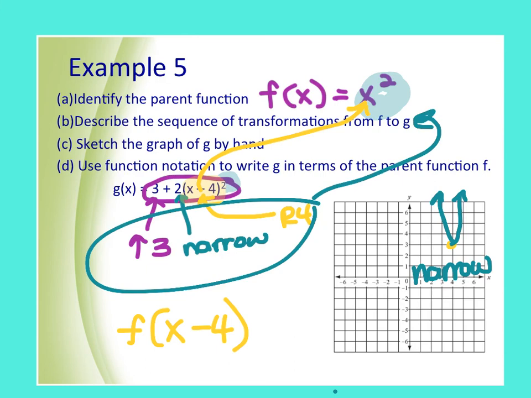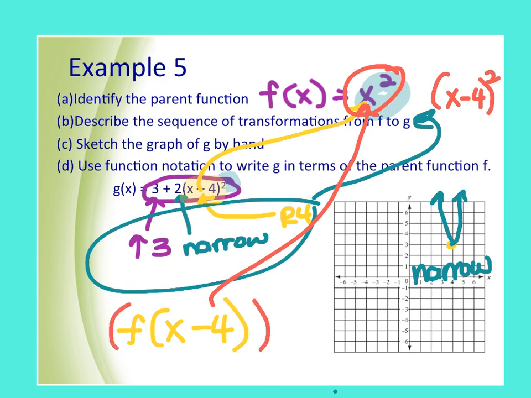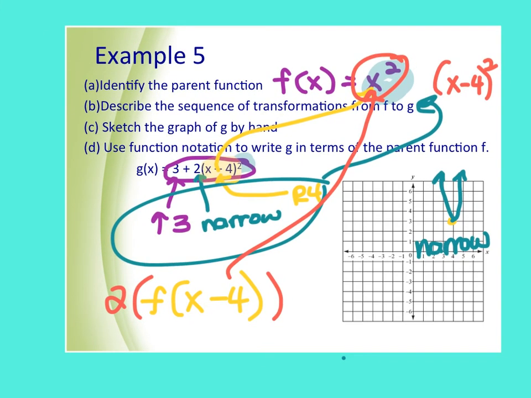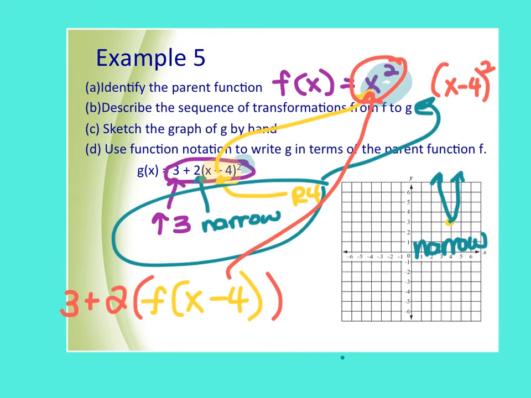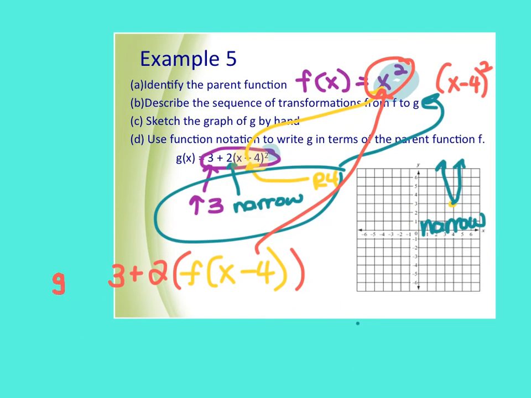So that's already saying take f of x, which is x squared, and plug x minus 4 into it. So I'm here already. Then to that, I need to multiply it by 2 and add the 3. You can either add the 3 at the front or the back, it doesn't matter.